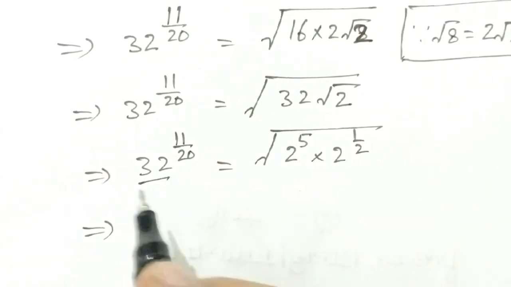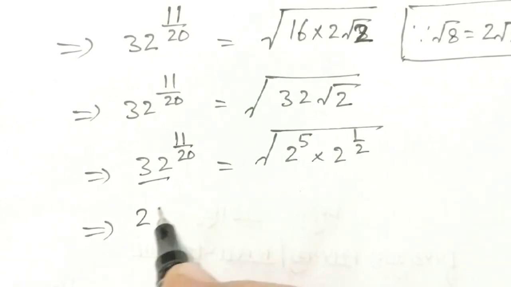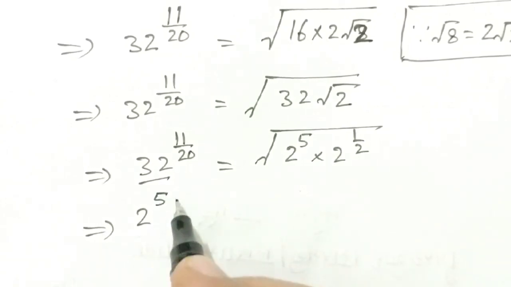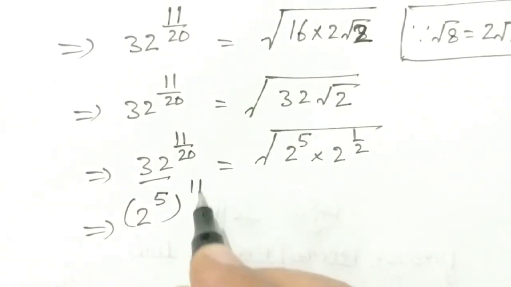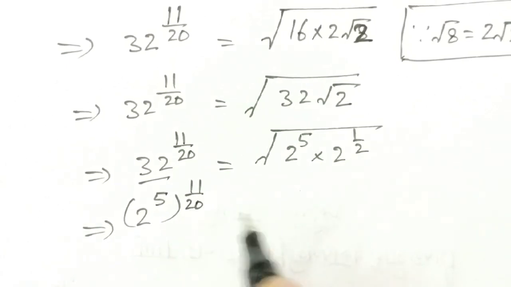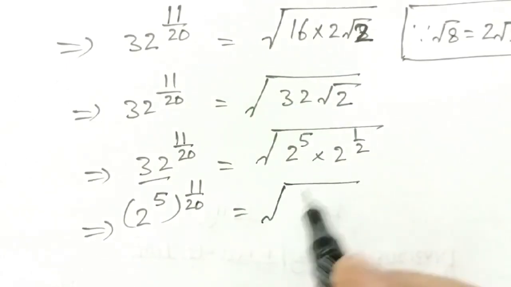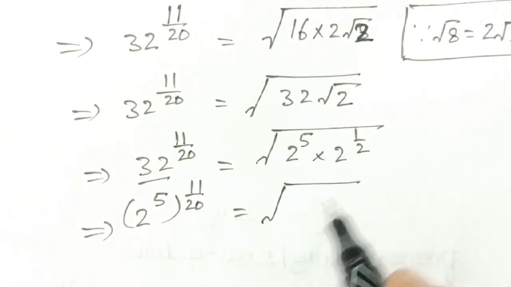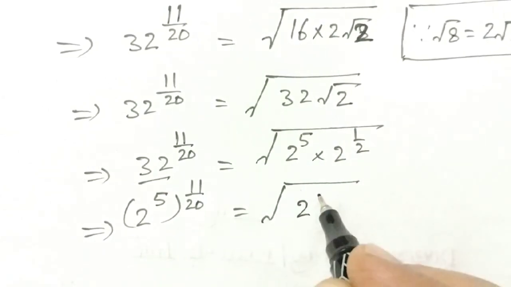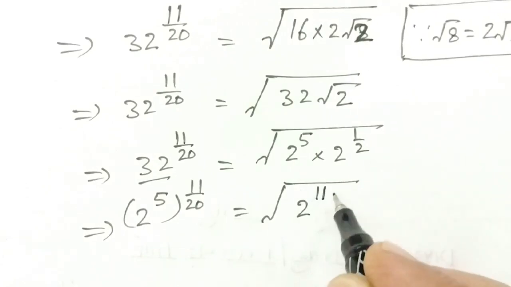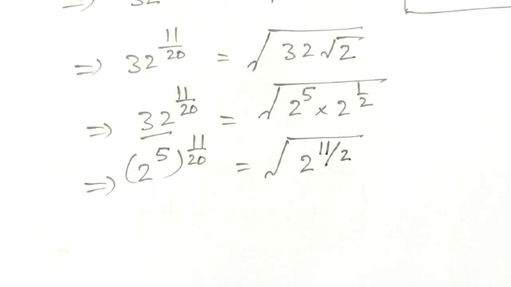So 32 as 2 to the power 5, to the power 11 over 20 is equal to 2 to the power 5 plus this, which will be 2 to the power 11 over 2, right?